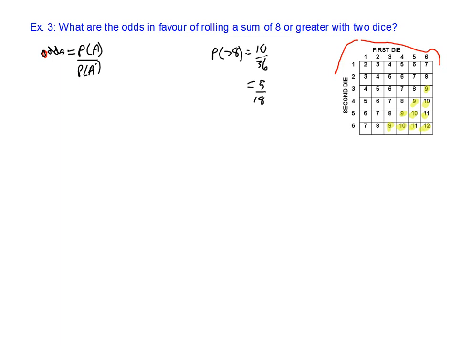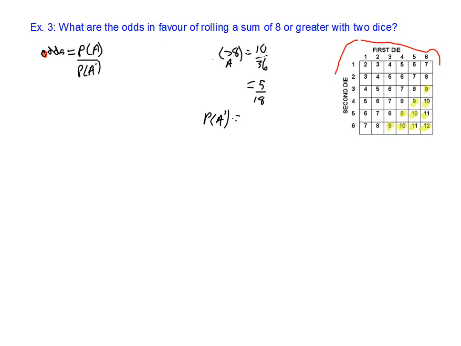So if this sum greater than 8 is our event, the probability of that event not happening, we'll call this just a complement. So that's the probability of not getting a sum greater than 8, which has to be everything else.